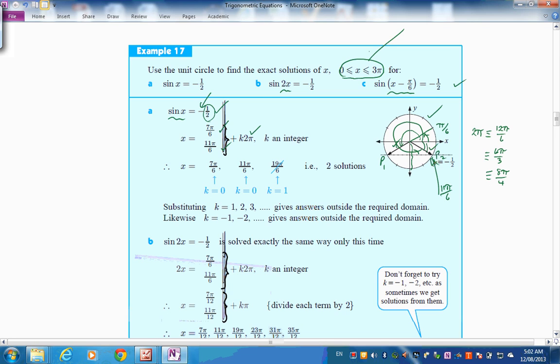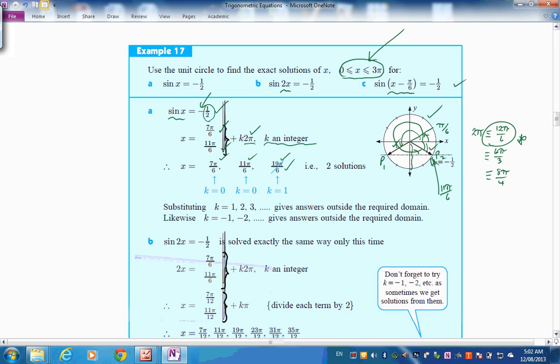But looking up here, we're actually allowed to go around another half a revolution. So let's see what we can do. K is an integer. So there's our first two. If we make k 0, then you're not adding any 2 pi, that's those two. If you add on one more revolution, that's 2 pi, which is, remember, 12 pi on 6 if you want to stay in pi on 6 land, then it's 19 pi on 6.